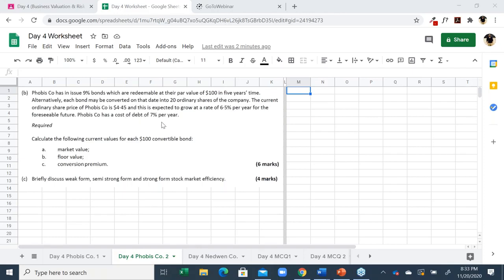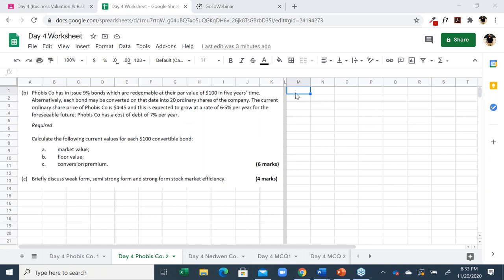Forbes company has a cost of debt of 7% per year. Now, what we are supposed to do is calculate the market value of this bond, the floor value, the conversion premium, and also discuss the different types of stock market efficiencies. So let's start with the market value first.